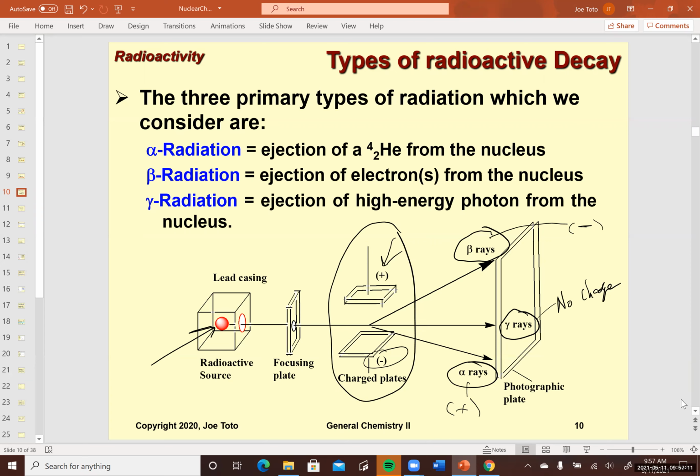And as we'll see later on, beta is nothing other than an electron. This is a beta particle. So if I use my nuclear formalism, this has zero mass, and it doesn't have any protons. It's an electron.